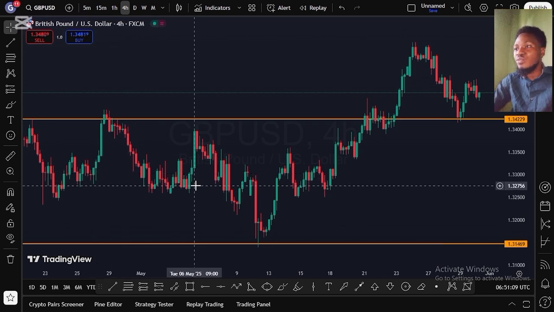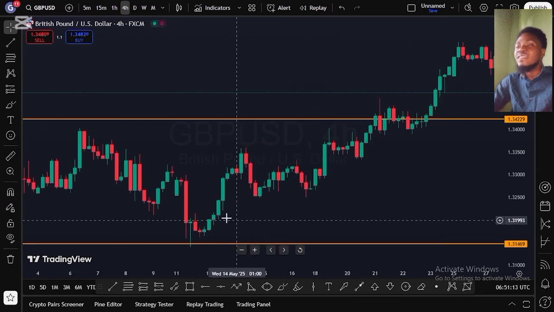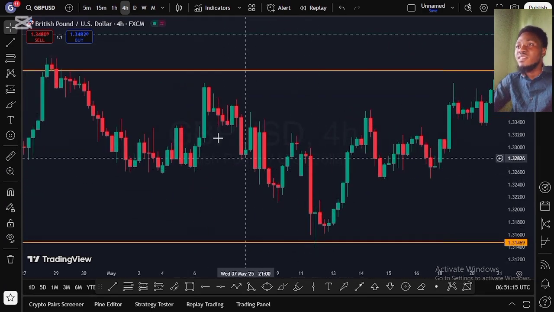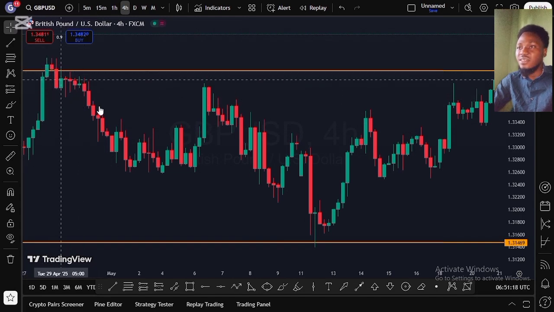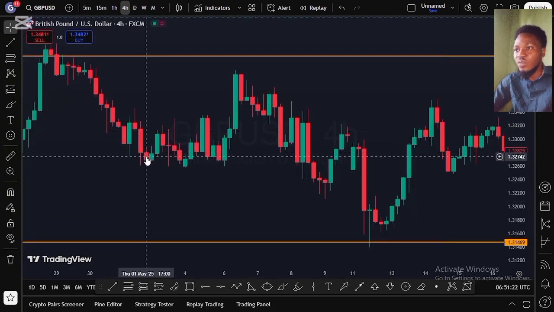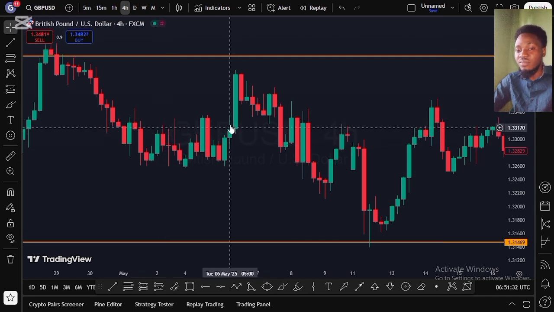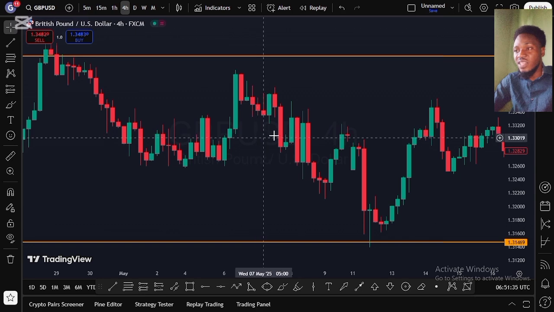So for example, what I mean by the psychology behind these candles is this. You can see that each and every candle here does not have the same size. For example, this one here is very small. This one has wicks on both sides. You could see this very thick bullish green candle, this very heavy bullish candle, and this big bearish candle.